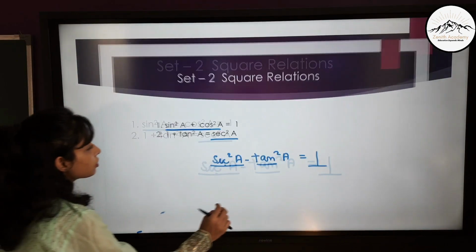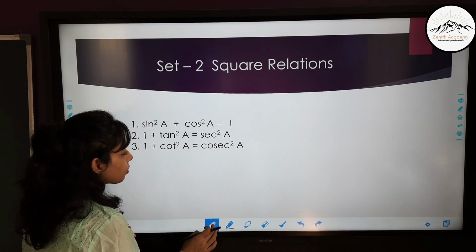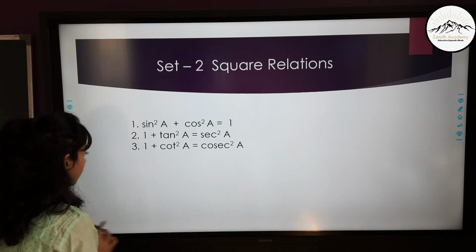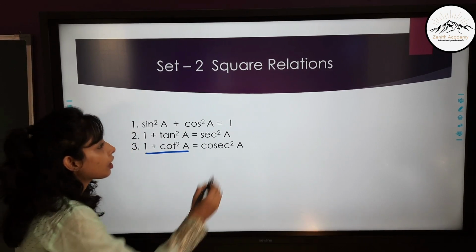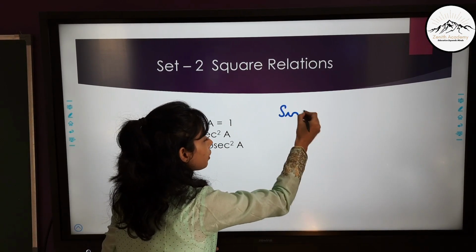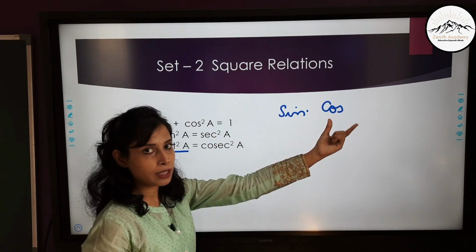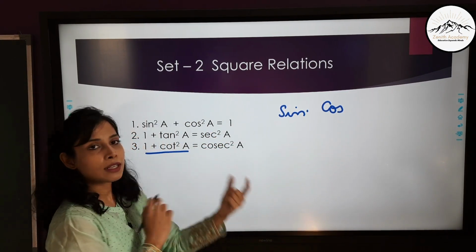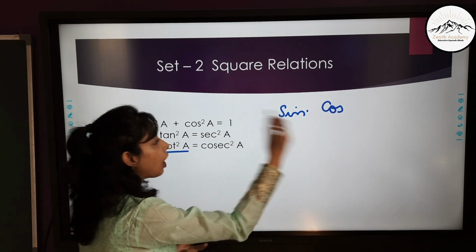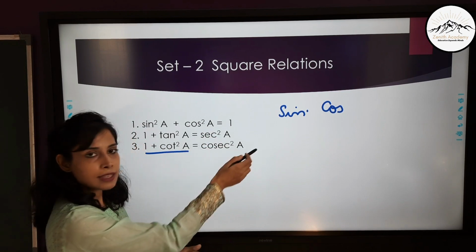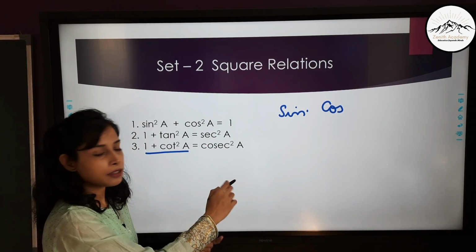And the last is 1 plus cot square A is equal to cosec square A. See, sine and cos we know. Now we have a relation between sine and cos: sine square plus cos square A is equal to 1. What are the remaining ratios? Tan, cosec, sec and cot. So how are they related? Tan and sec are related, and cot and cosec are related.